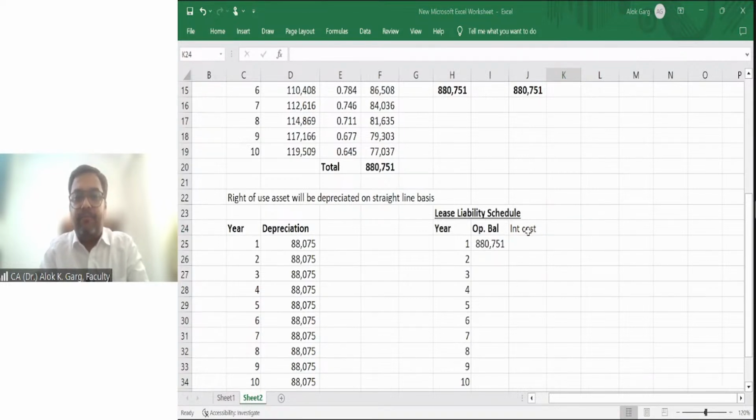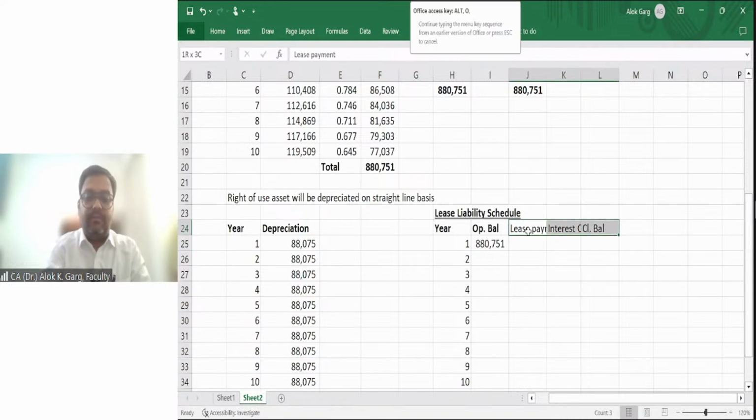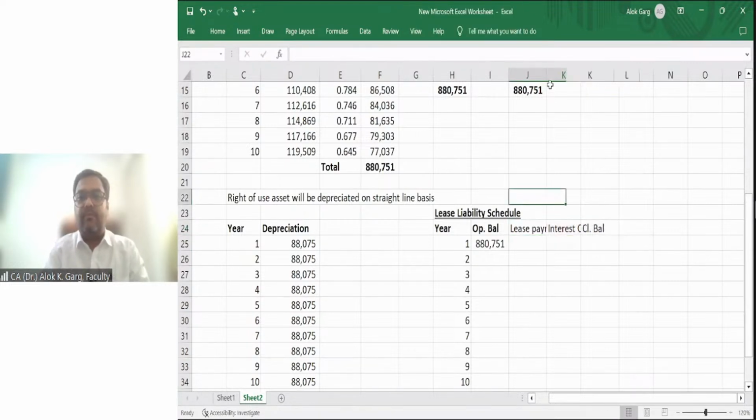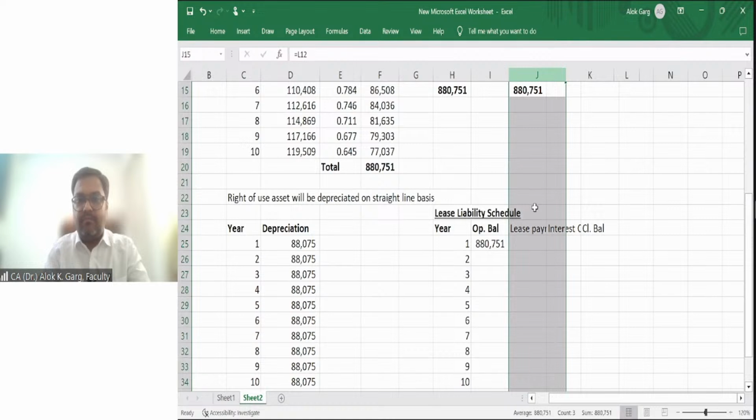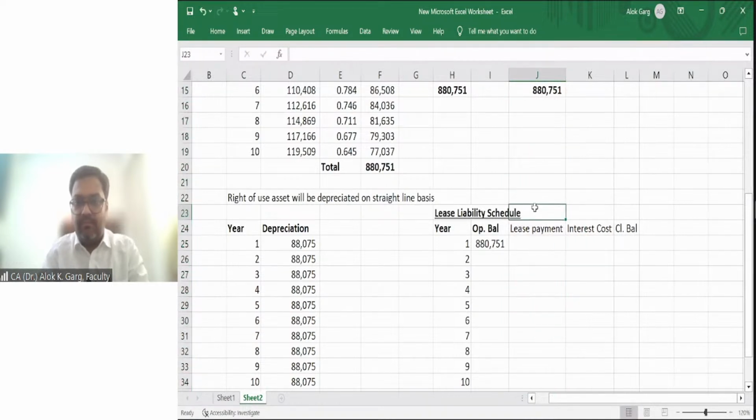In this case, the payment is happening at the beginning. So lease payment will come first, then interest cost, and then your closing balance, right?